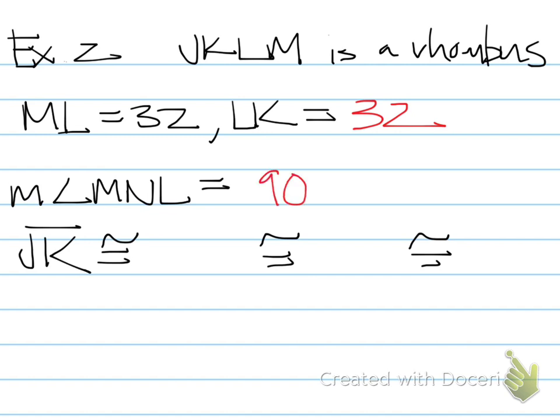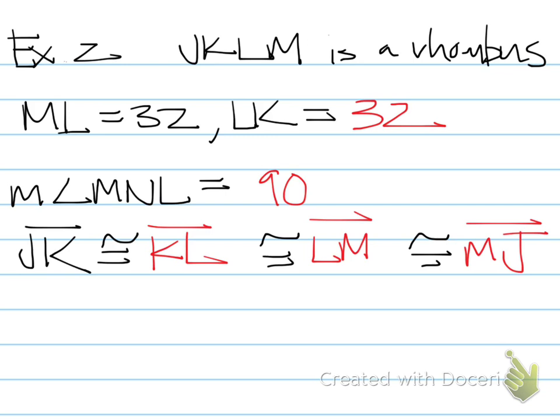That's that middle angle, the angle that is formed by the diagonals. And so all the sides are congruent since it's a rhombus. So JK is congruent to KL, is congruent to LM, is congruent to MJ.